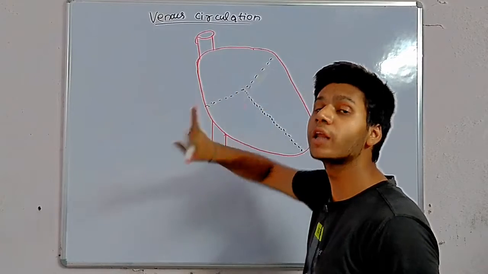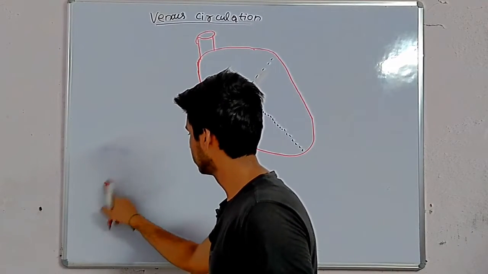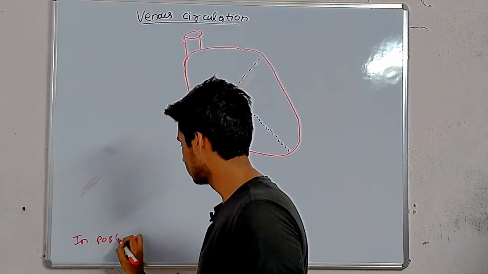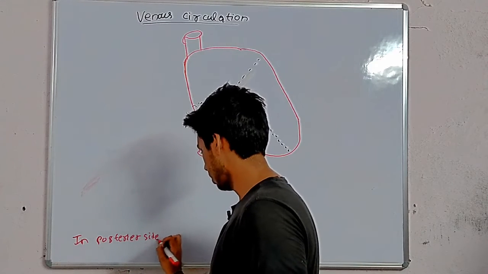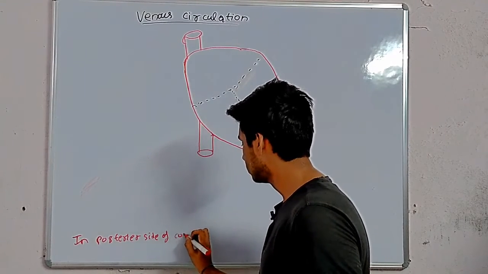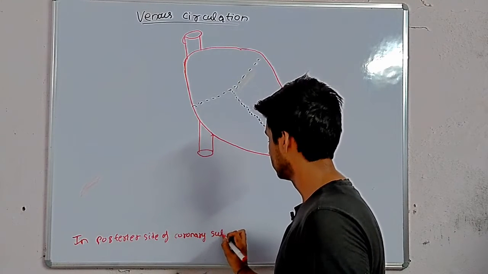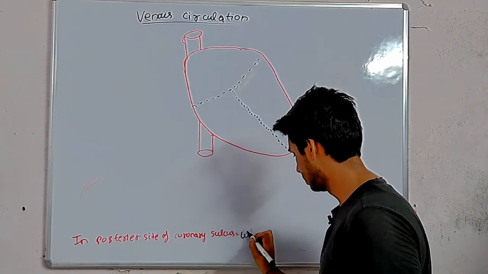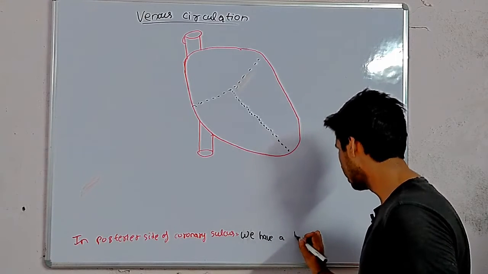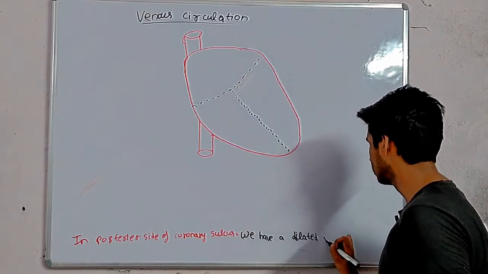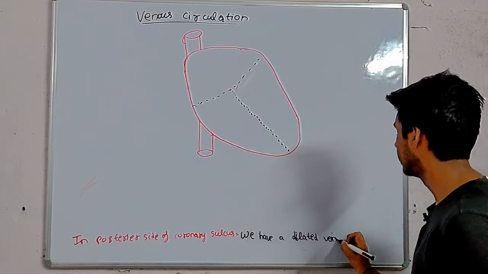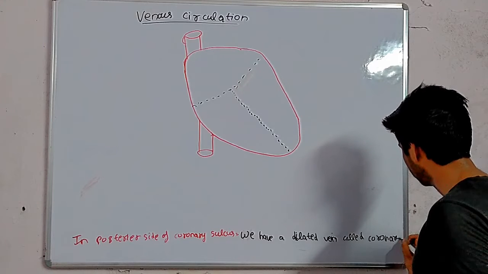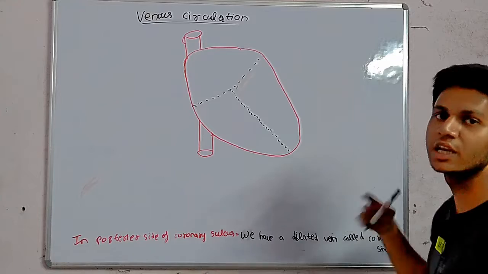In coronary circulation, on the posterior aspect of the heart, on the posterior side of the coronary sulcus, we have a dilated vein called the coronary sinus.